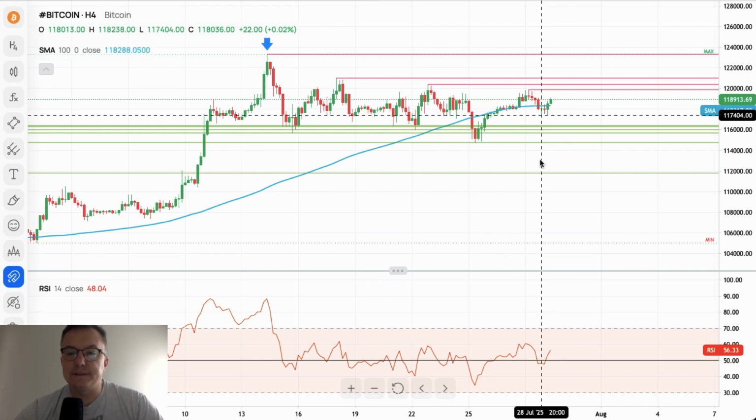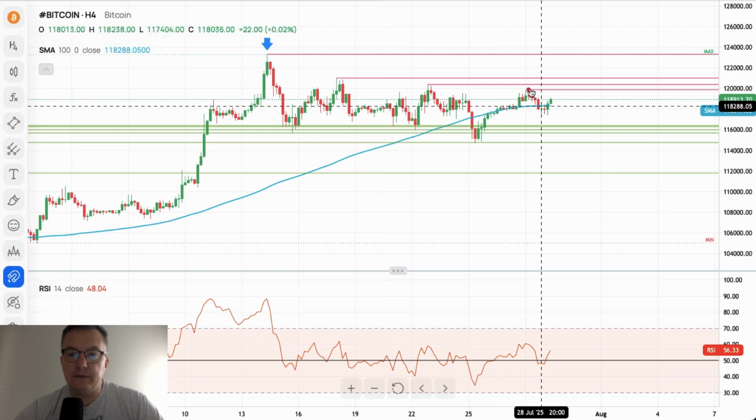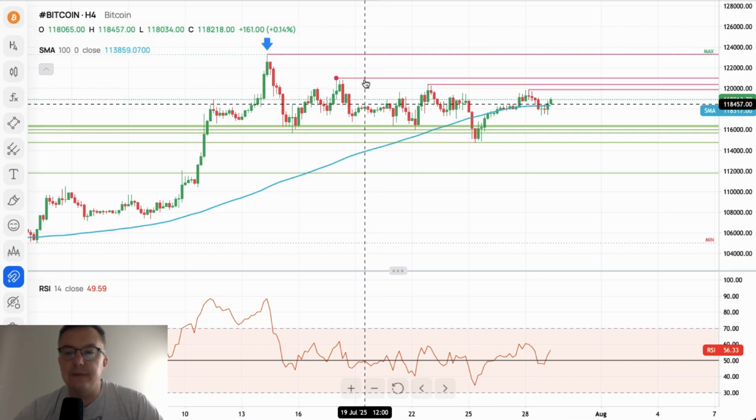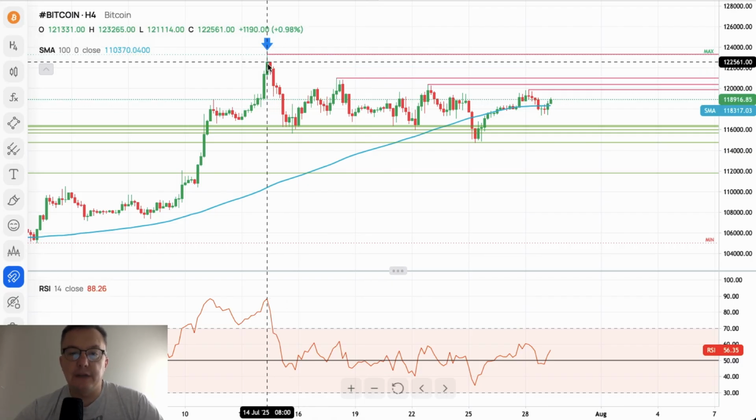And today we start to move higher again. So there are 1, 2, 3 levels of technical resistance ahead of the bulls before the major swing high located at 123,265 is hit.